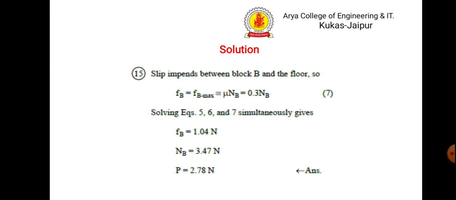If we solve equations 5, 6 and 7 simultaneously, we get Fb equals 1.04 Newton and Nb equals 3.4 Newton. So the minimum force P which should be applied is 2.78 Newton.